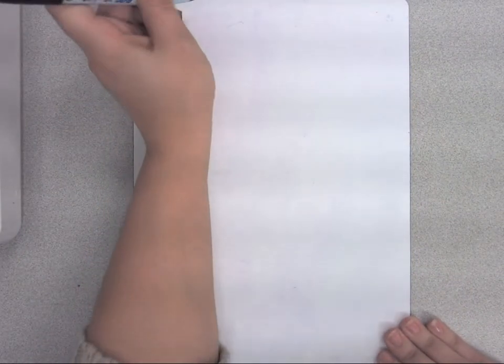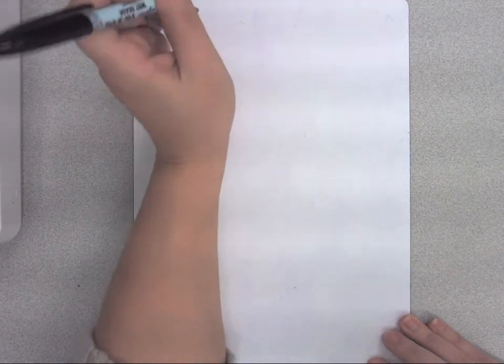Okay, so 2.4, its title is Solving Equations with Variables on Both Sides.